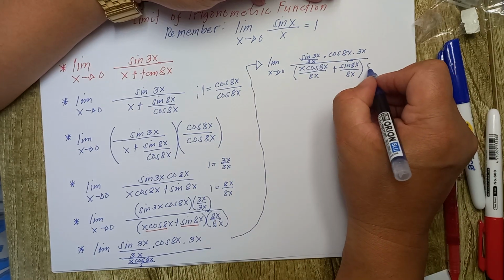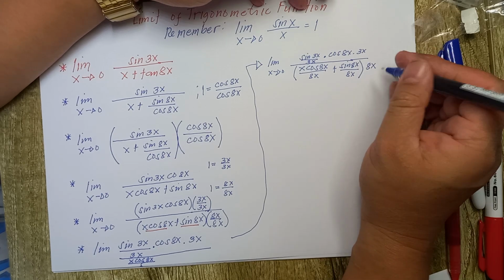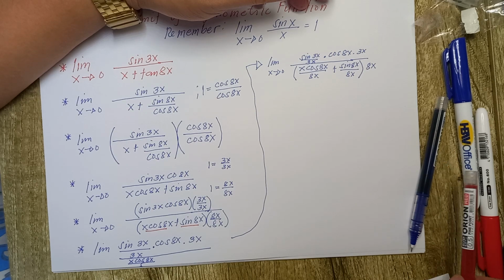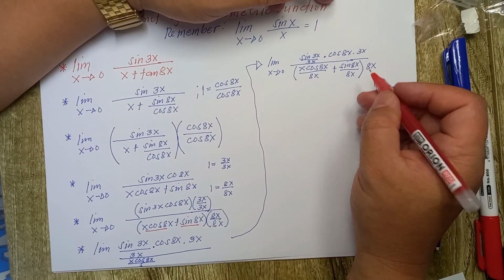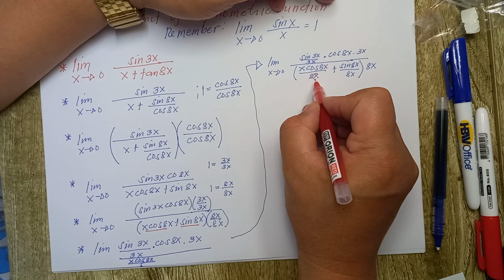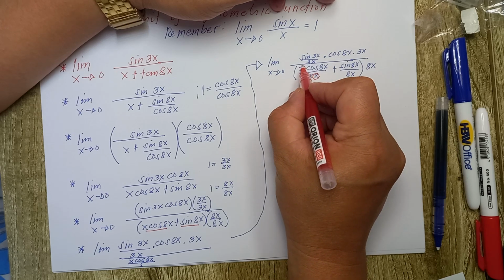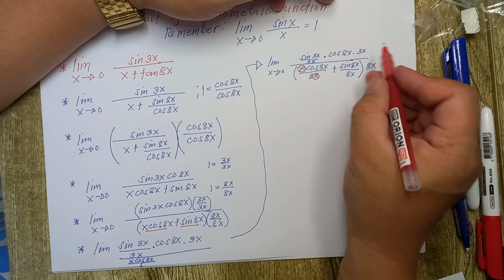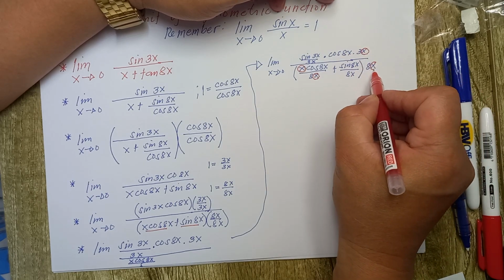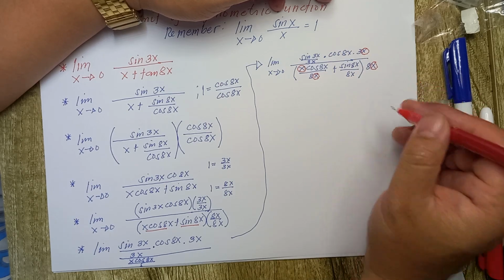So we have 8x. Now notice that if we are going to continue, this one can be cancelled out with this. This one can be cancelled out. As you can see, it is division. They can be cancelled out.